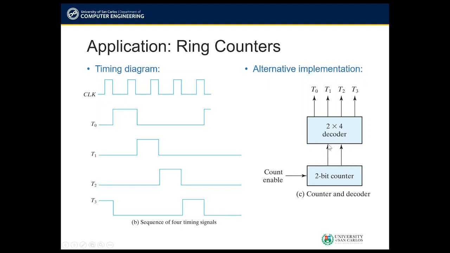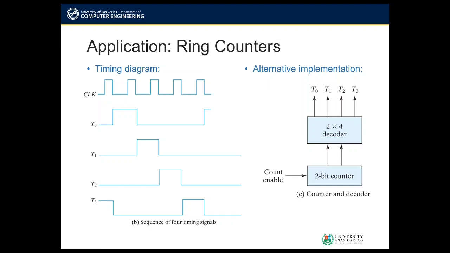These counter outputs are being connected to a 2x4 decoder. Now remember that a decoder may have unique 1s or unique 0s at the output. In this case, let's just assume unique 1 outputs. Which means that if our counter here is 00, we have a 1 at our T0. If this is 01, we have a 1 at T1, and so on.